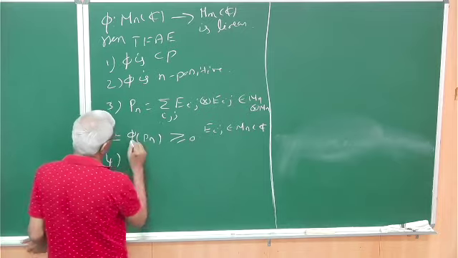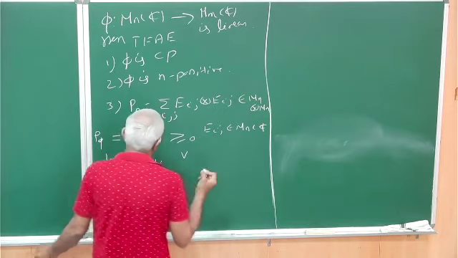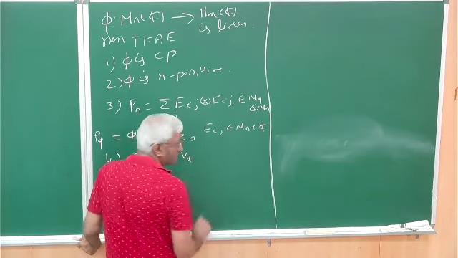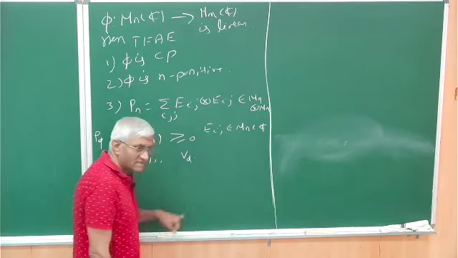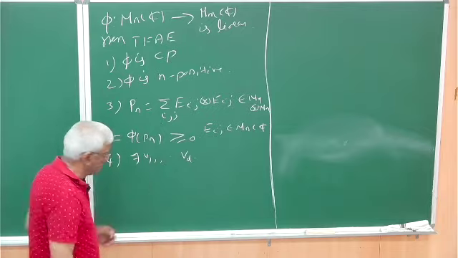All these things imply that there exist V1 up to Vd. D is what we use. Last time, it's better we look at the reference.